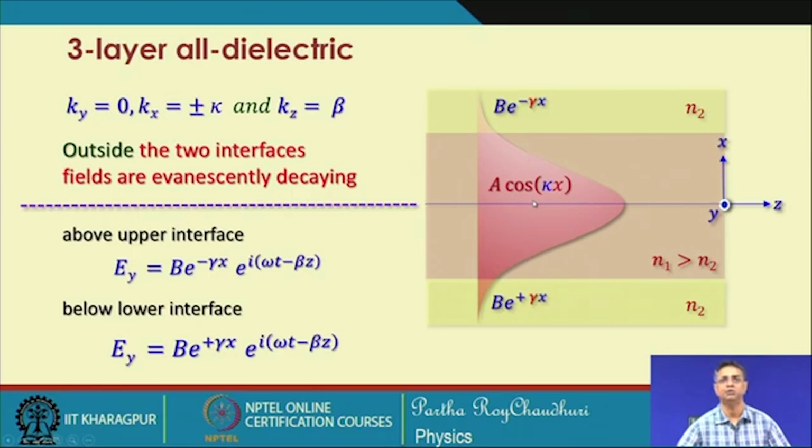Depending on the phase, it could be a sine variation or it could be a superposition of sine and cosine variation. That all depends on the phase of the waves which are reflected from this and this interface.